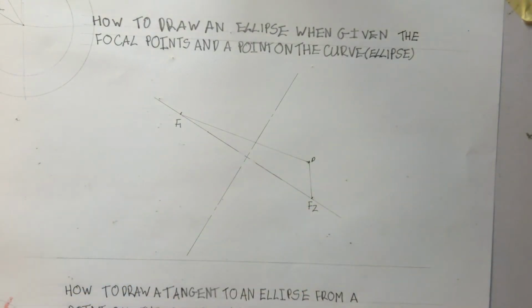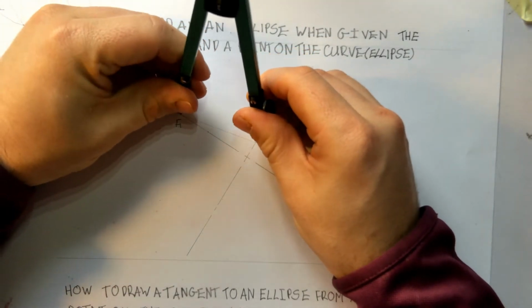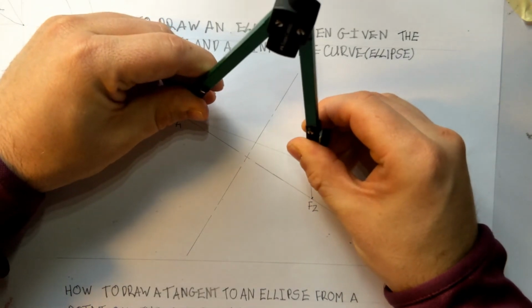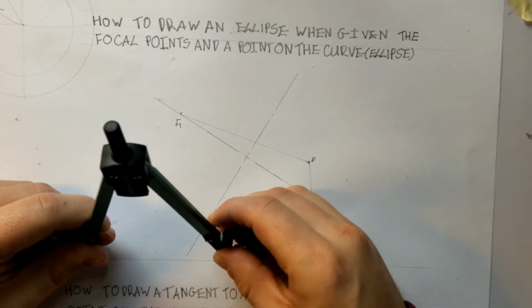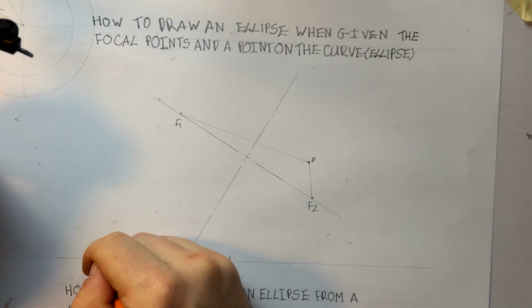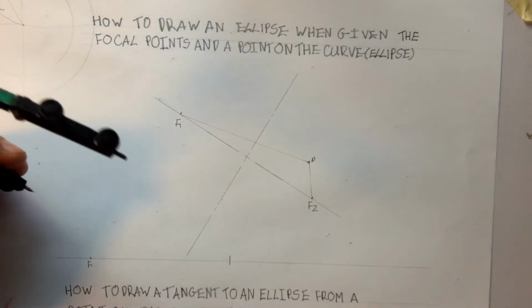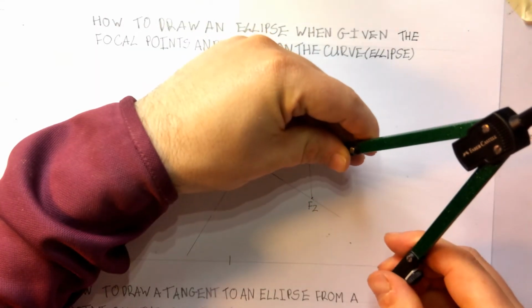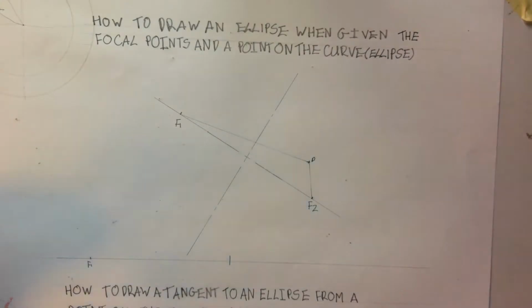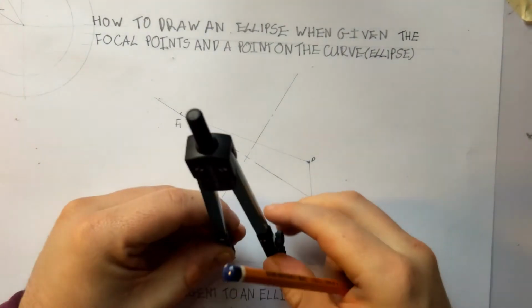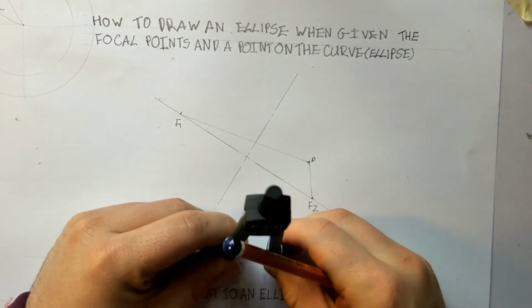Take your compass, set it to F1 to P, and step it along that construction line. And then take P to F2 and step it along here.